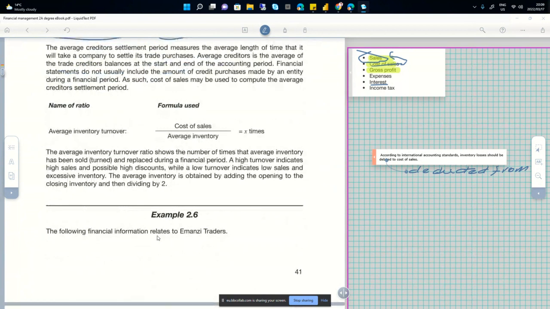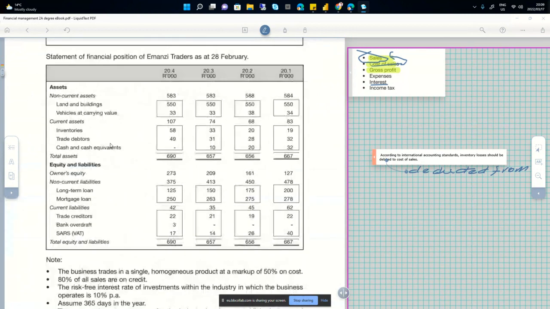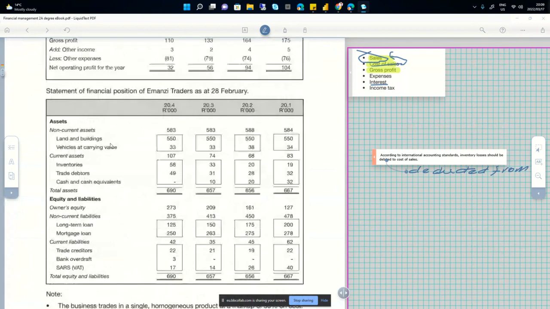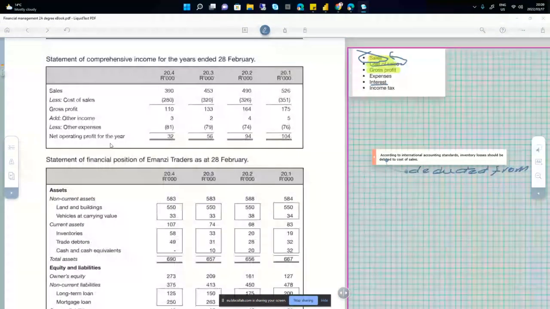And so it's quite easy, and we have the average inventory turnover. And so all these, there's quite a good example here where a statement of comprehensive income is given, but also a statement of financial position. Remember, the difference between these two statements is that the comprehensive income covers a period, often of a year, but could be less than a year.